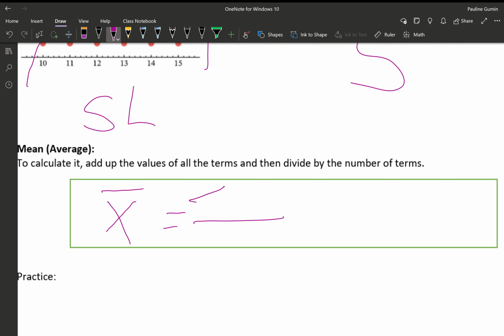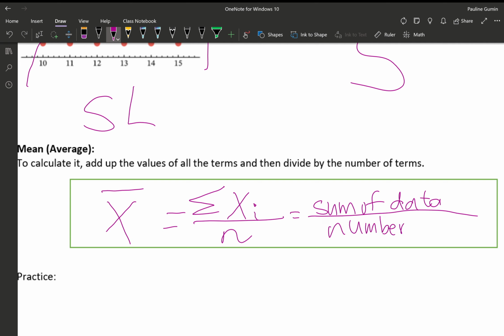It equals, this symbol means the sum, x sub i means all of the data, divided by n, which is the number of data points. Let's write that in English. Sum of data over number of points.